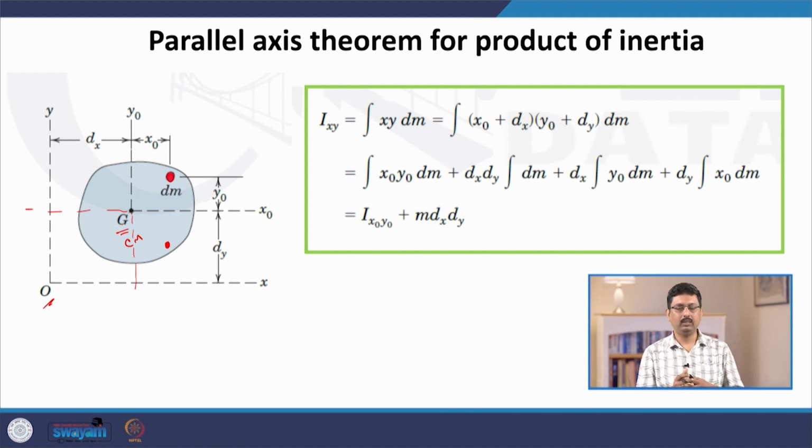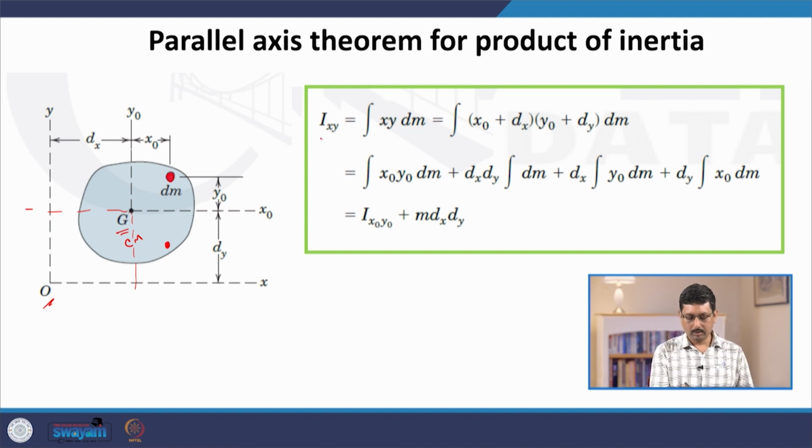This is the meaning of asymmetric and symmetric mass distribution. But when you take the other axis, the full object is on one side of the axis. So, it is clear that about the OX OY axes the mass distribution is asymmetric.